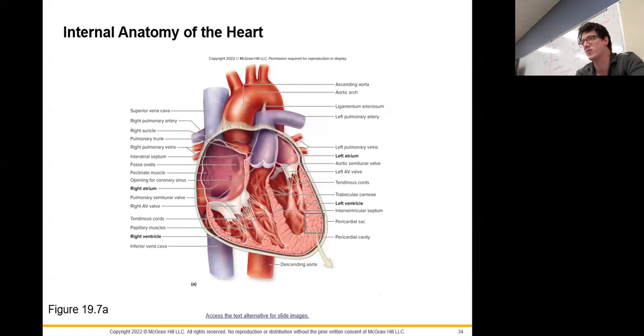Okay, so the little lines that you're going to see making up the insides of the chambers of the heart, we're going to call these the trabeculae carneae. These, though, like I said, are basically going to allow these chambers to expand, okay? Whenever the heart is fully expanded and these ventricles are completely filled with blood, you really won't be able to see the trabeculae carneae because they will be stretched, okay?